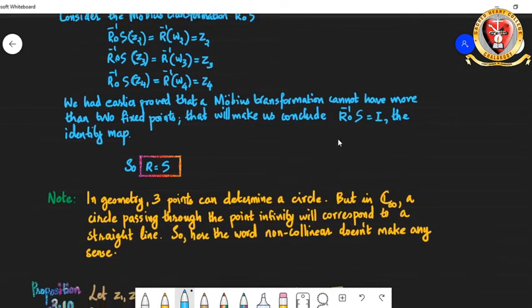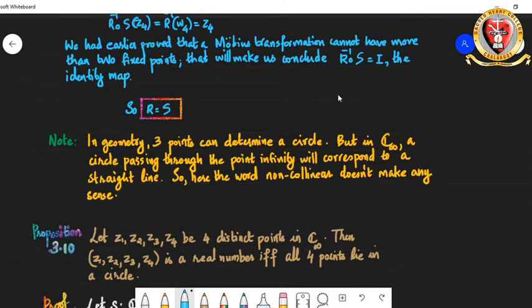As a note, we know that when we are dealing with geometry in R2, the Cartesian plane, if you are given 3 points, you can definitely form a circle from those points. And suppose we are speaking about a circle in C infinity, and the point infinity is among the 3 points. That circle will correspond to a straight line. That is the only possibility for that circle.